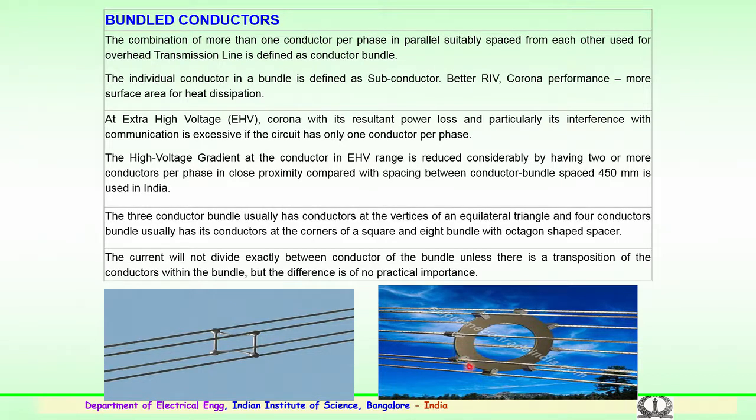You can see here an 8 conductor bundle with a conductor spacing of 450 mm, with an octagonal type of spacer mounted to support it. The current will not divide exactly between the conductors of the bundle unless there is a transposition of the conductors within the bundle, but this difference is not of much practical relevance. So, it is not an important point to be considered.